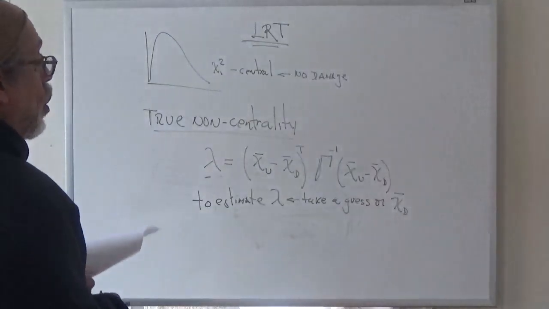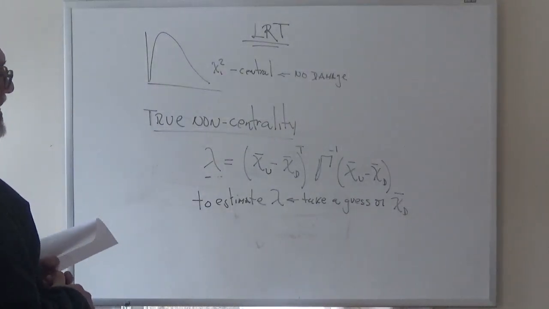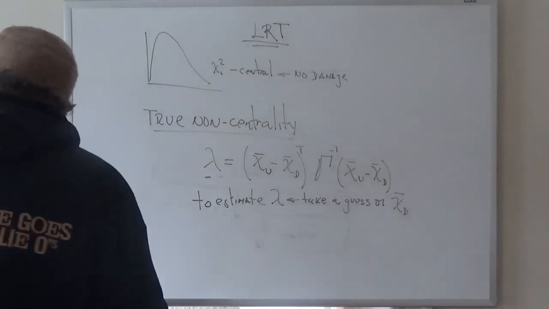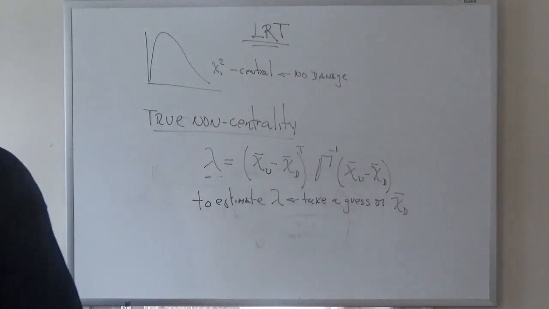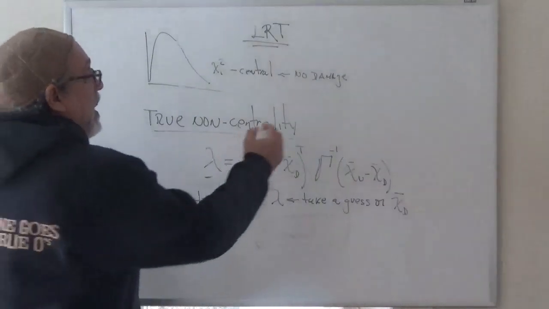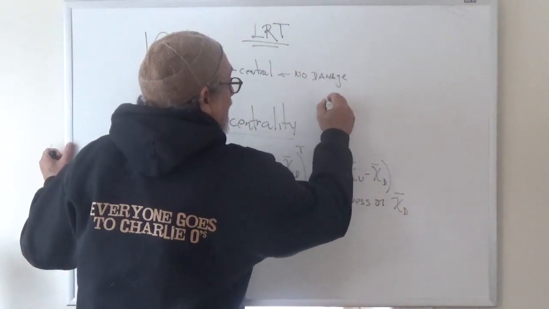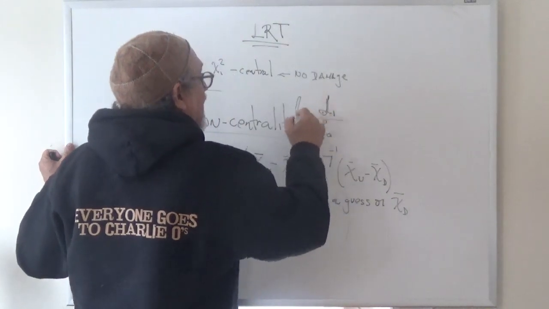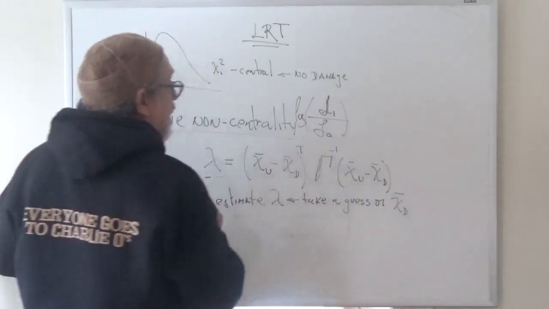Now, you're going to say, but how am I going to guess that? Well, you don't really need to guess it correctly, because all we are trying to do is to determine if distribution 1 is more likely than distribution 0, right?